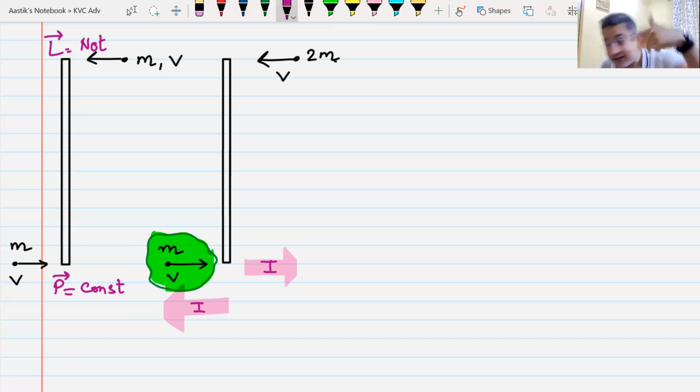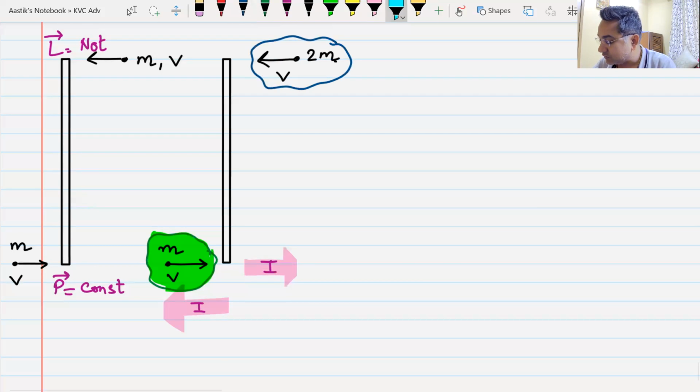Now let us come to the second point. This blue ball. Now the same question comes here. Is the momentum of this blue ball conserved? No, sir. Why is it not conserved?